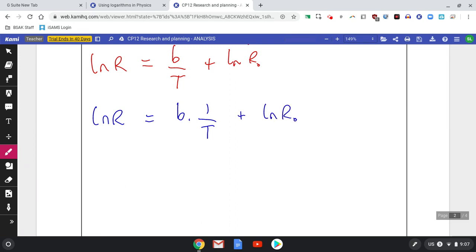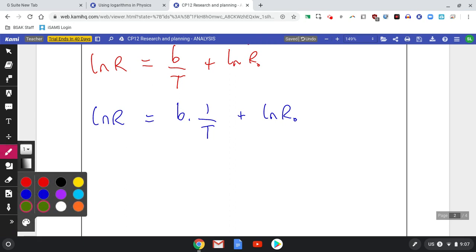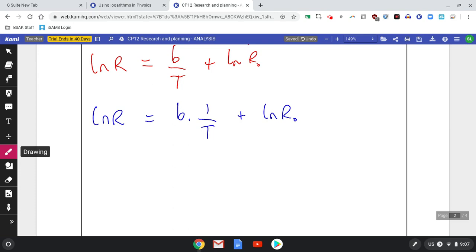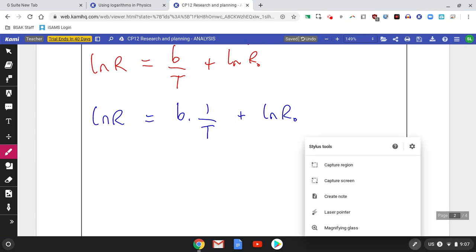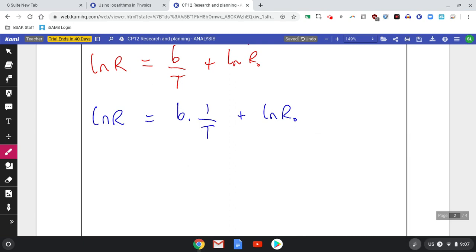Now, why have I done that? Any guesses? Well, the reason obviously is to make it blindingly obvious that it's now in the form y equals mx plus c. Remember, if R naught was a constant, then natural log R naught is a constant. B is still a constant.